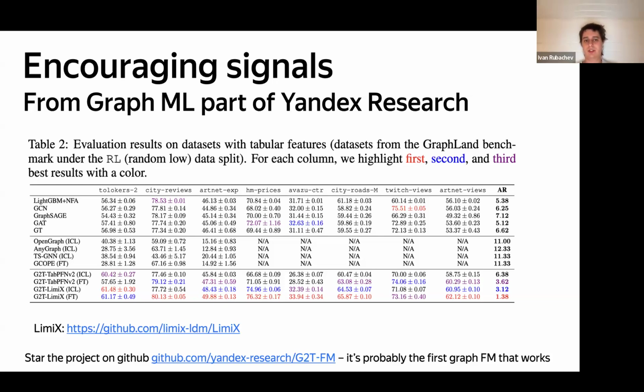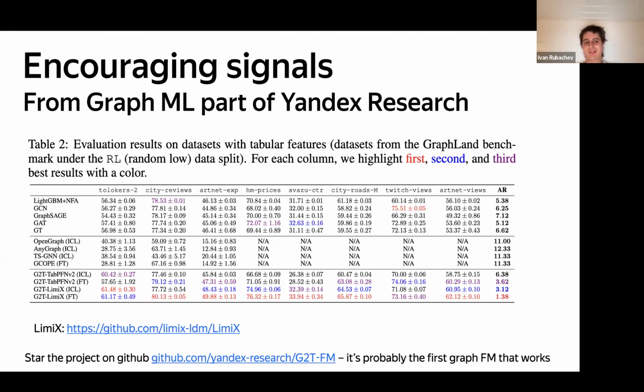So Yandex introduced the Graphland benchmark, which has all sorts of real-world tasks like click-through rate prediction, recommendation, or tasks on a large city road graph, for example, predicting traffic jams. And it has complex objects having various features and also tabular features.